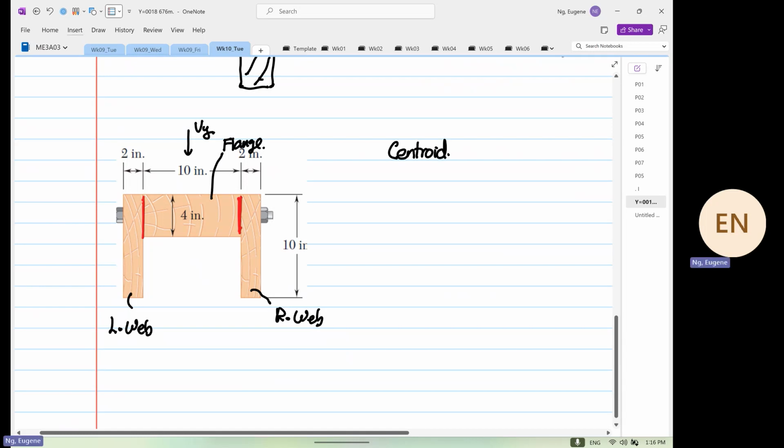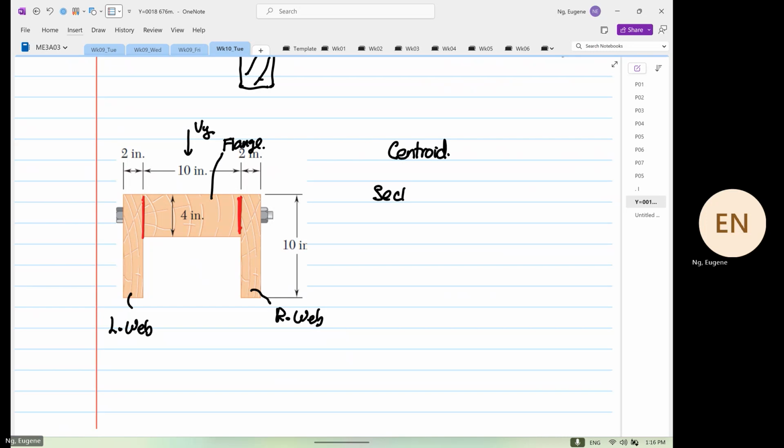I'm going to show you this case again. Whether we look at the flange or the web, the answer will be the same. By looking at the centroid again, we have our section: our left web, flange, and right web.